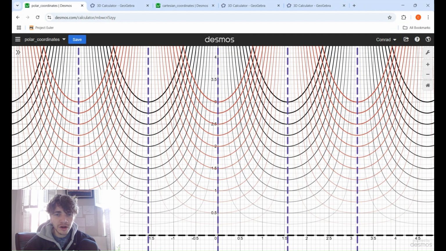The horizontal lines are getting compressed because they're circles. The perimeter of a circle is scaling by a factor of r as you increase the size of the circle. And so that length is getting compressed to a fixed length of 2 pi here, which means that it's getting scaled by a factor of 1 over r. So we have this horizontal compression in the r coordinate by a factor of 1 over r.